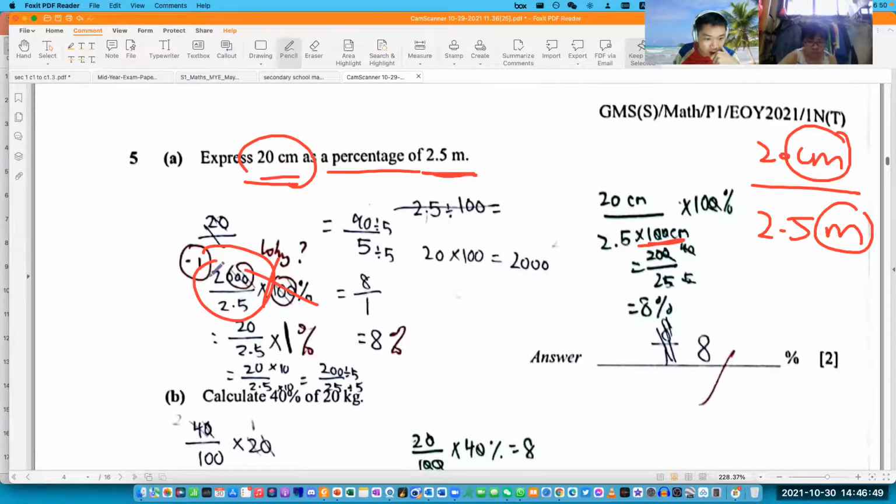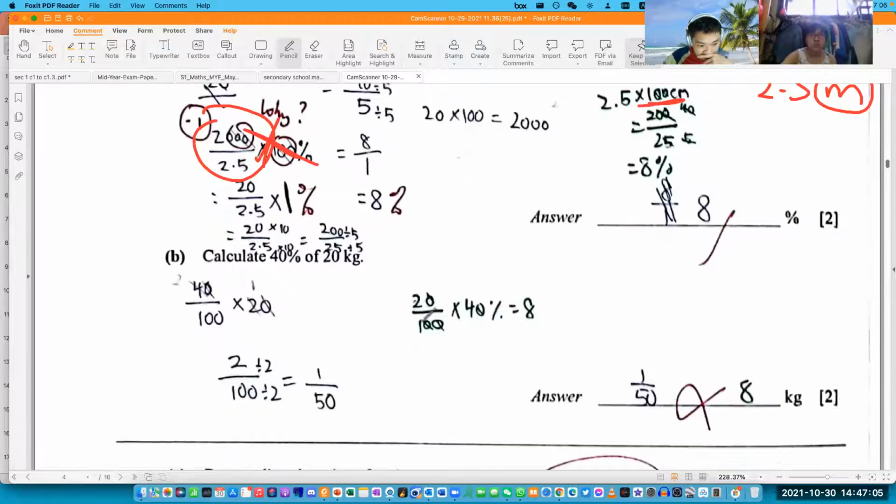How can you convert 20 cm, then times 100 to get m? That's why this is wrong. Okay. So then after that, get the fraction first, then you convert to percentage. Then this is even easier. So in fact, 40% of 20, of means times. So that's why this one you are wrong.